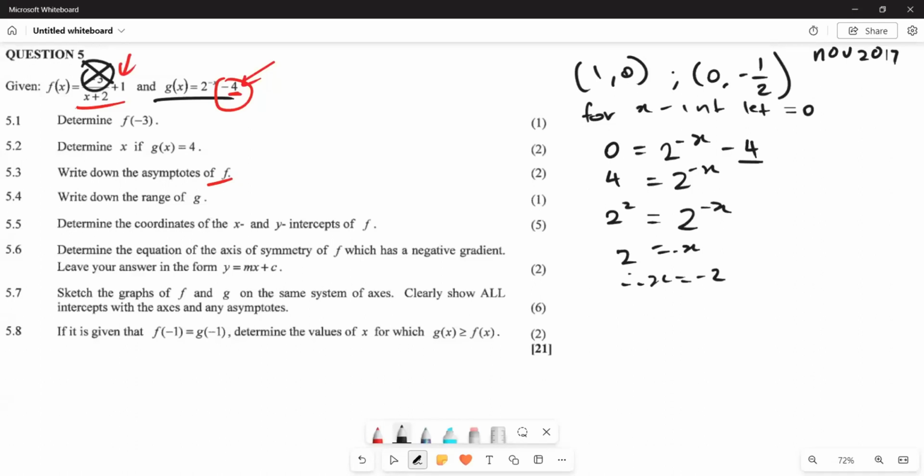So that is going to be that coordinate. Let's write it here now for g: this is the same as negative 2 and also 0.